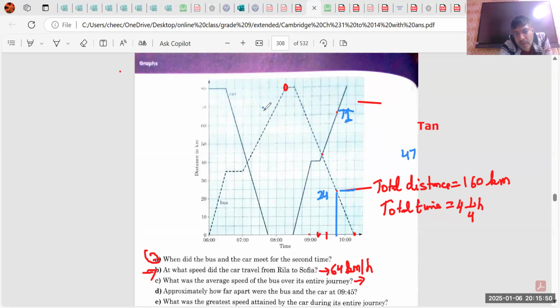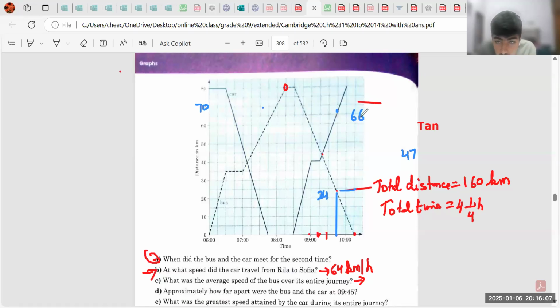Because this is 70, no this will not be 71, this is 70 and we have, so that will be 66 or 67. 66, so you will do 66 minus 24. Sir, but why won't we take 80?